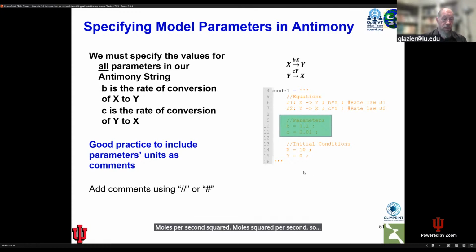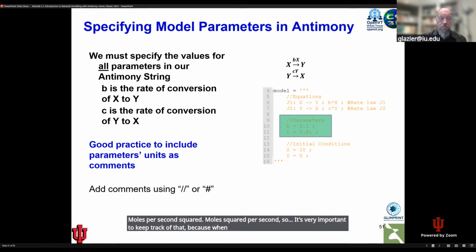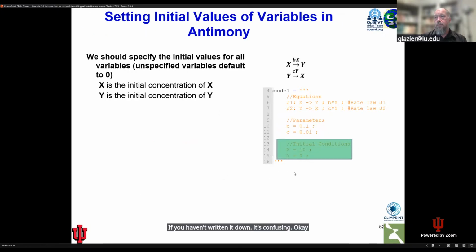It's very important to keep track of that, because when you do unit conversion, if you haven't written it down, it's confusing. Antimony will tolerate not specifying initial values of variables, but it's strongly discouraged. It will crash if you fail to specify initial values of parameters.